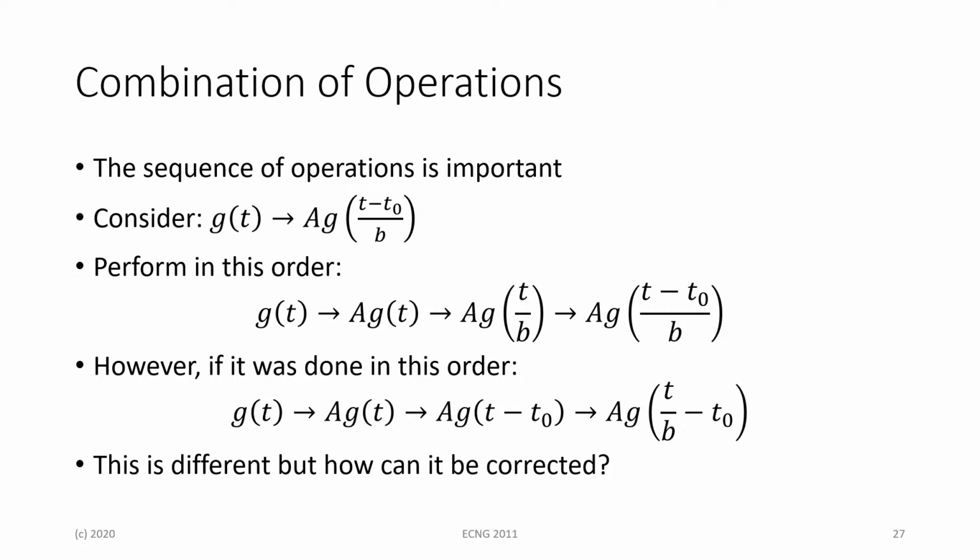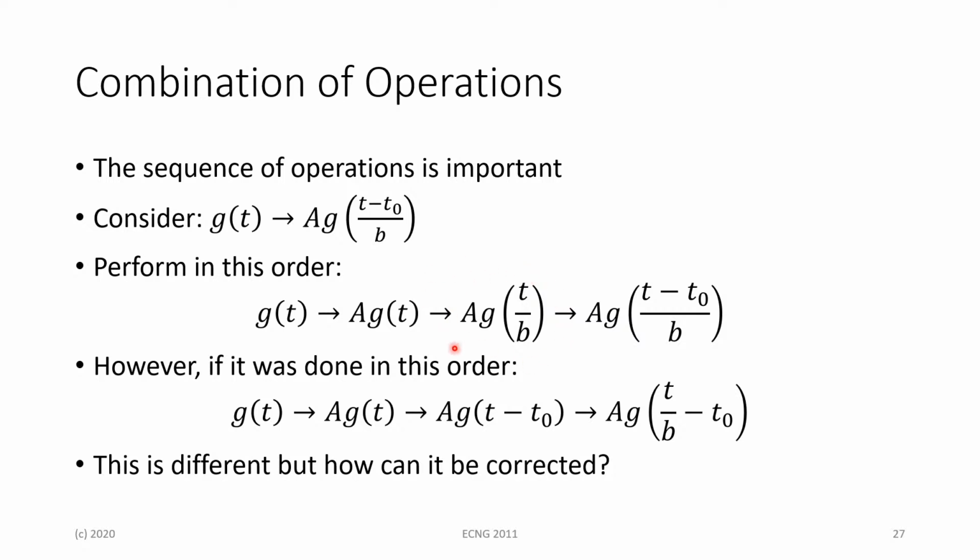So let's consider our g(t) signal here and how we actually get to our A g(t) signal. We start with our g(t) signal and then we amplitude scale, so we go A g(t). We then time scale, so we go A g(t/B).